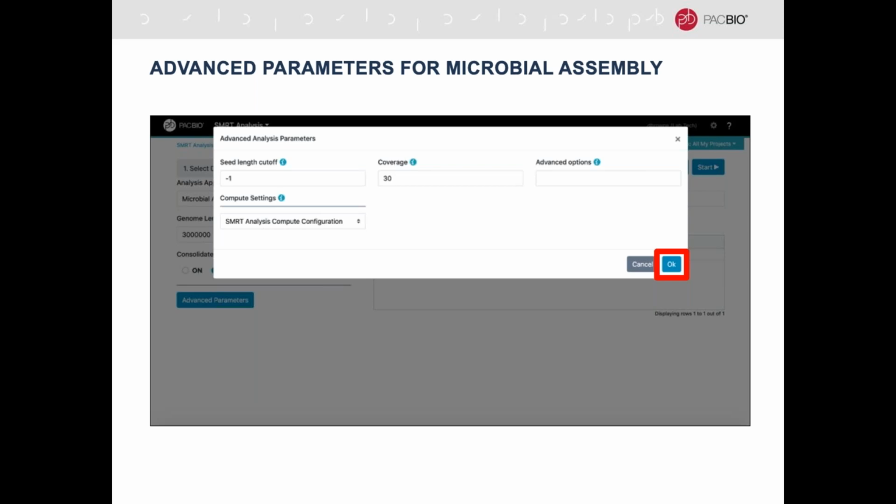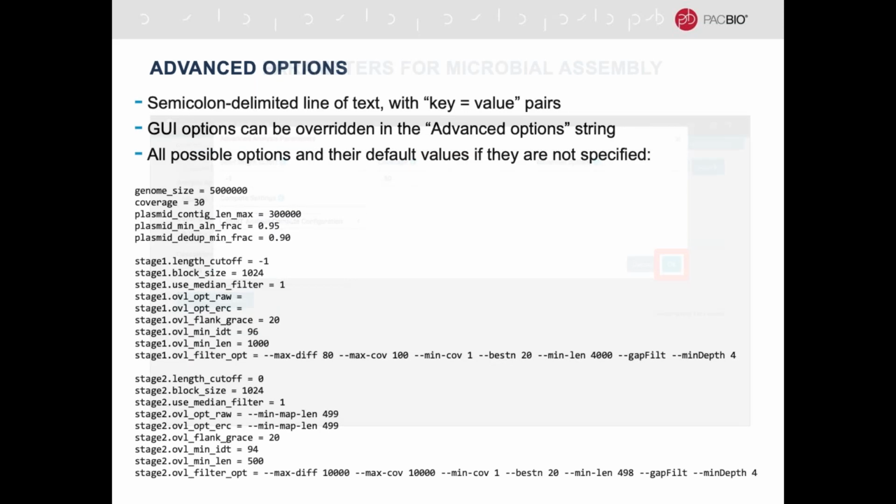And then there's also this advanced options box where you can put in a number of key equals value pairs, if you so desire, to tweak some of the assembly pipeline parameters. We don't recommend doing this to begin with.